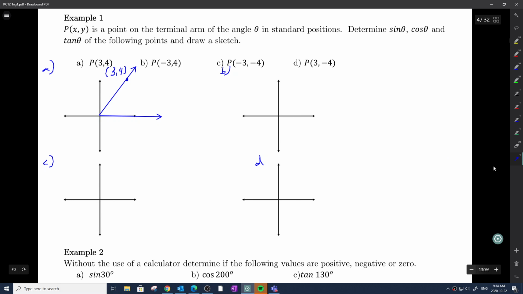So now I have an angle here. I should call it theta. There's my theta. So I need to find out what sine theta, cosine theta, and tangent theta are. So here is my sketch.